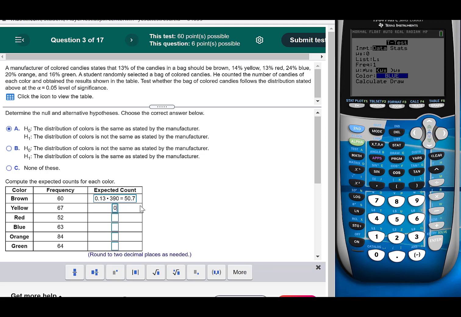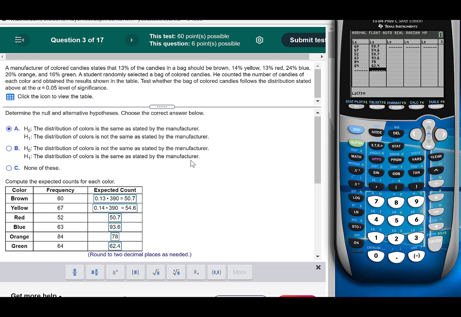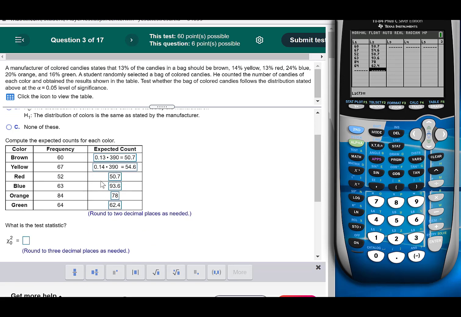So that will be 0.14 times 390, and that's equal to 54.6. Okay, so I input the other values. The red is 13%, 24% are blue, so I did 0.24 times 390, and so on and so forth.